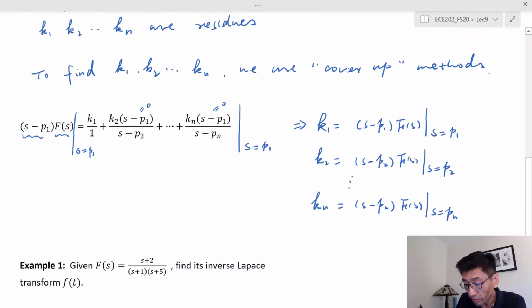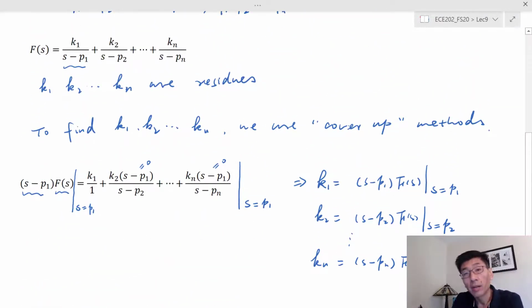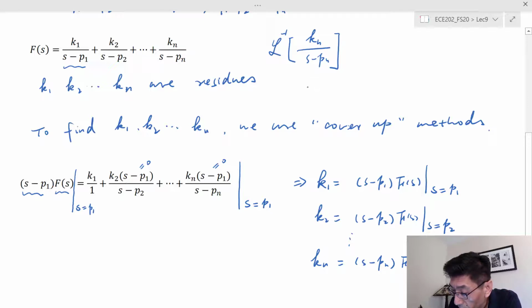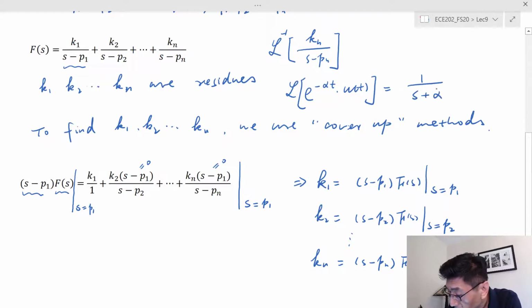Once we do the partial fraction expansion, the inverse Laplace transform would be easy, right? So what would the inverse Laplace transform of Kn over S minus Pn be? Remember, the Laplace transform of e to the negative alpha t times u(t) is 1 over s plus alpha, right?